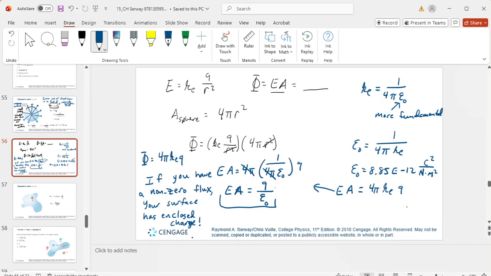So if you have non-zero flux, your surface has enclosed charge.